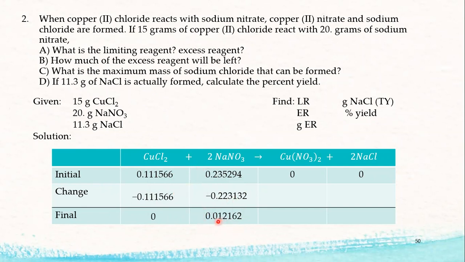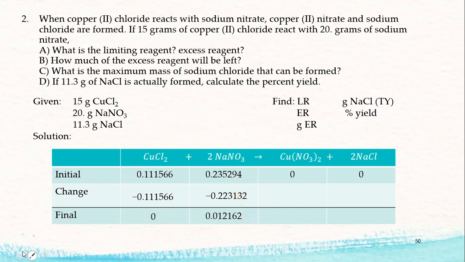Okay. So if we use copper chloride as our basis, we'll get one reactant which becomes zero, and the other reactant would still have some moles left. And since there's no negative value here, then we would conclude that this is what happens, ideally.